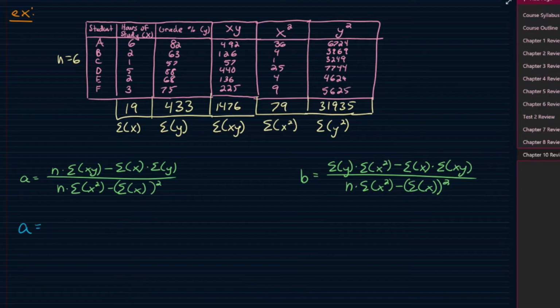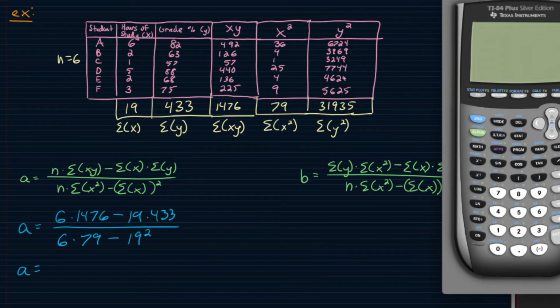Okay, so for a, we get 6 times 1476 minus 19 times 433 over 6 times 79 minus 19 squared. We just get the numerator and denominator, because the denominator is the same in both, so you don't really have to calculate it twice, I guess.